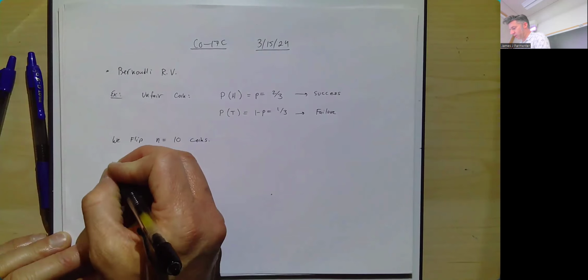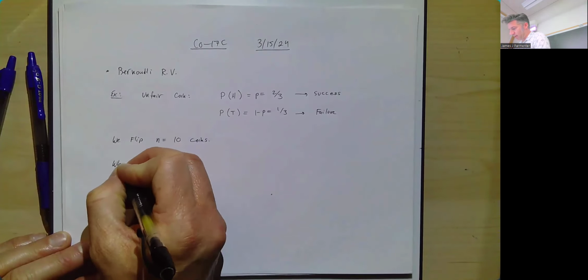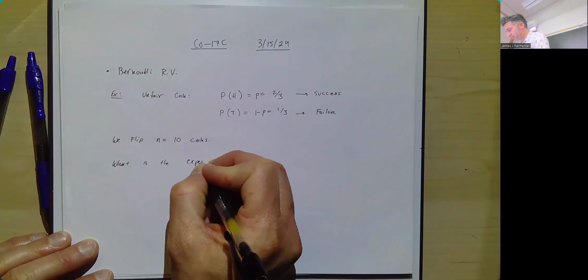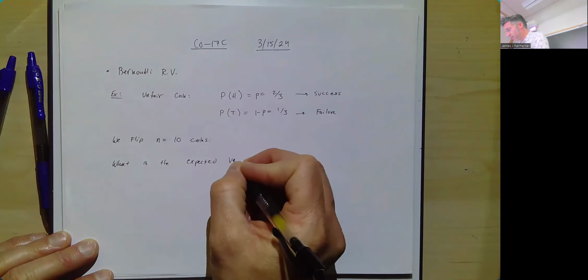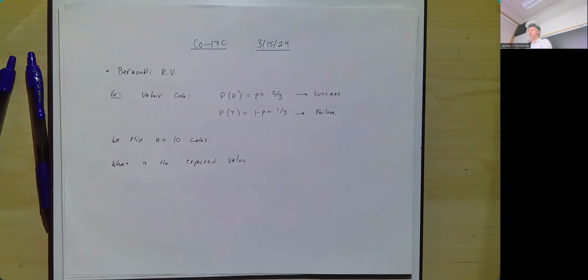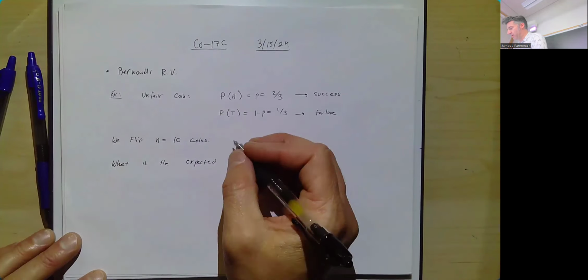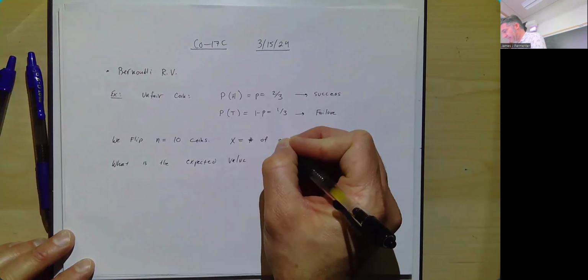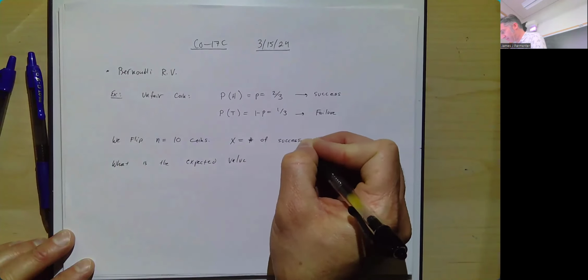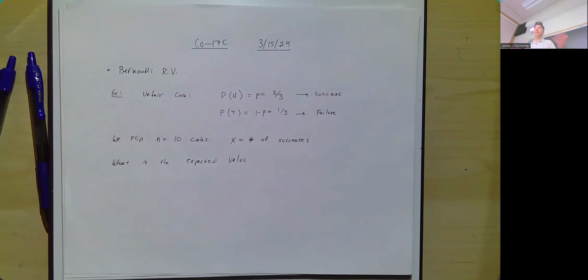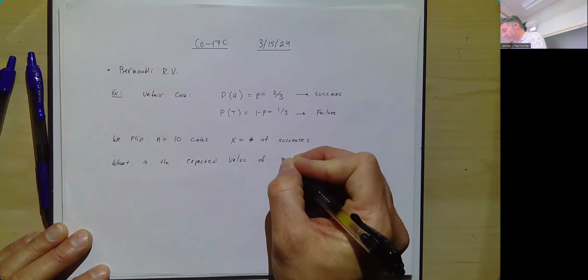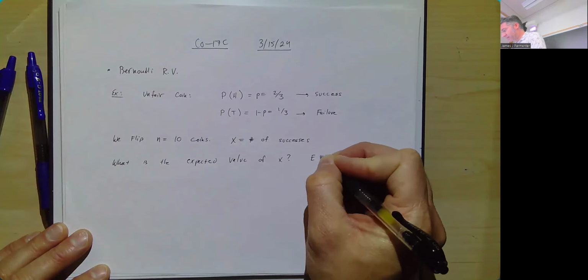And we ask questions like, what is the expected value? Well, I should be a little more clear here, sorry. We're going to say that X is the number of successes. So in this case, the number of heads that come up when we flip n coins. So what is the expected value of X? What is E of X?